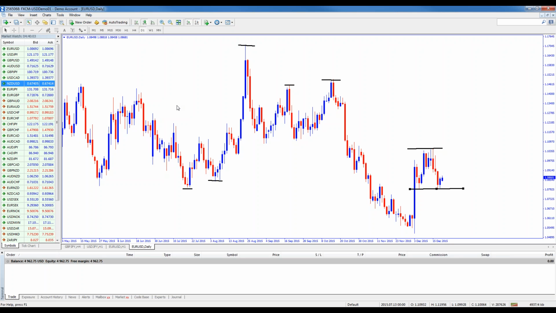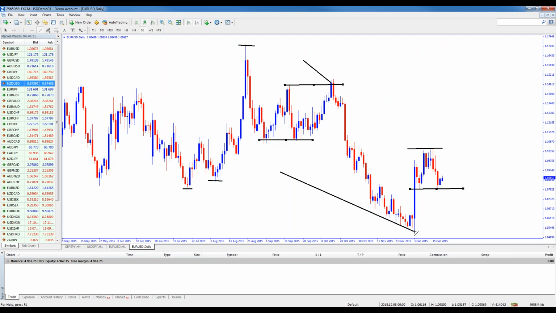So for technical reasons, I want you to understand something right here. Two data points in trading is considered support or resistance. Two data points actually make up support and resistance.